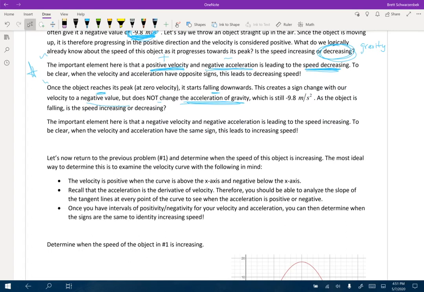It sure is. So this is absolutely the best example that I can give you to have you understand this. Hopefully that's settled into your brain without any issues, because clearly, since velocity and acceleration have the same sign when it's moving towards Earth, it's going to lead to an increasing speed.